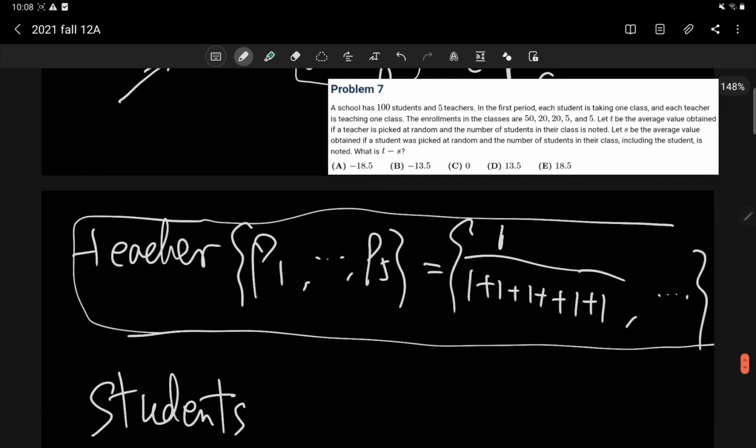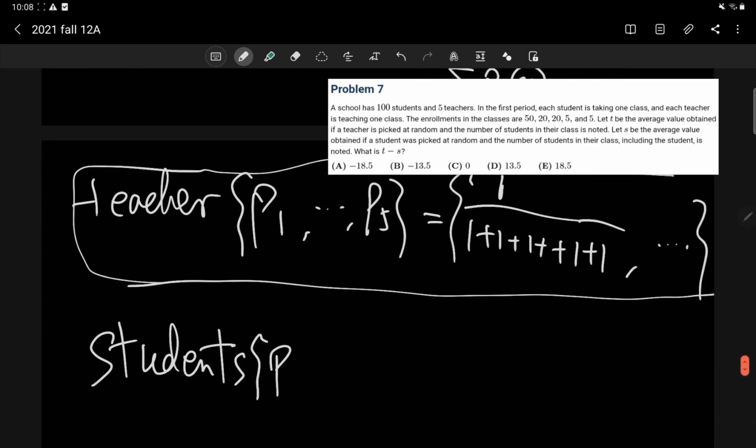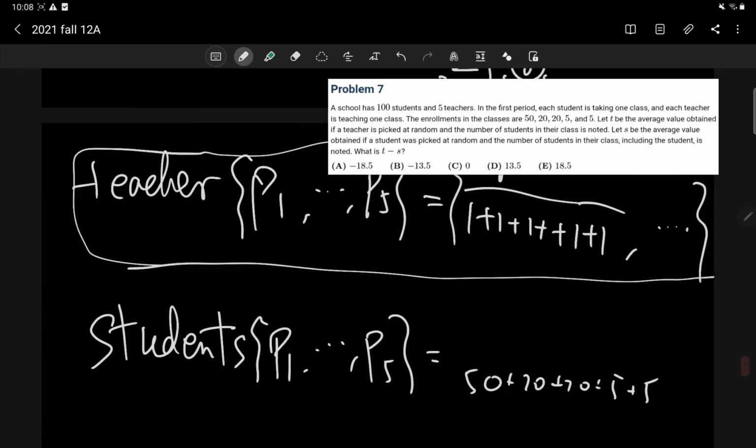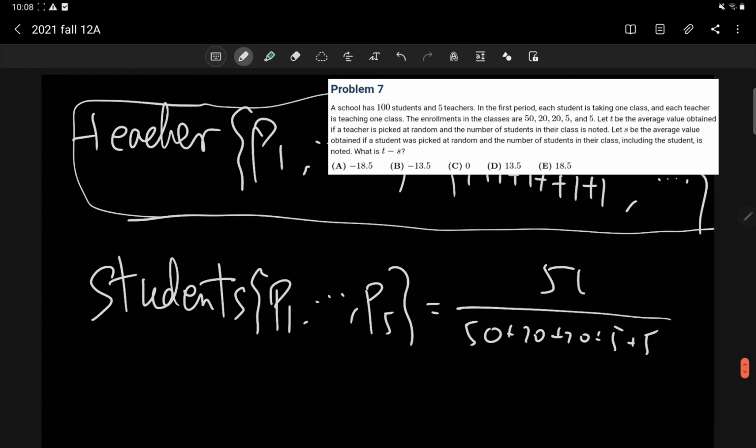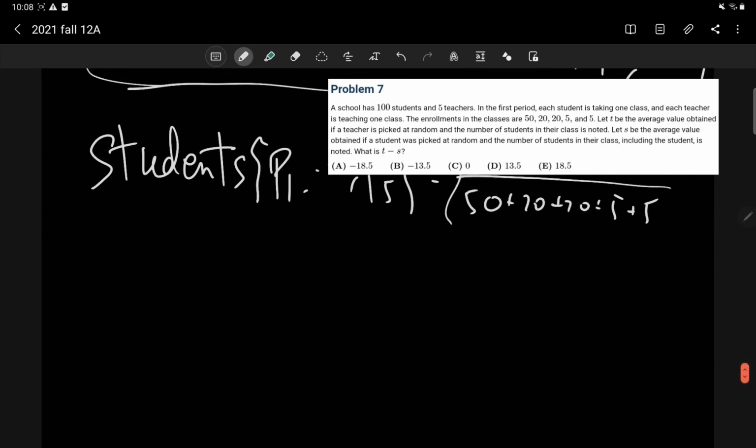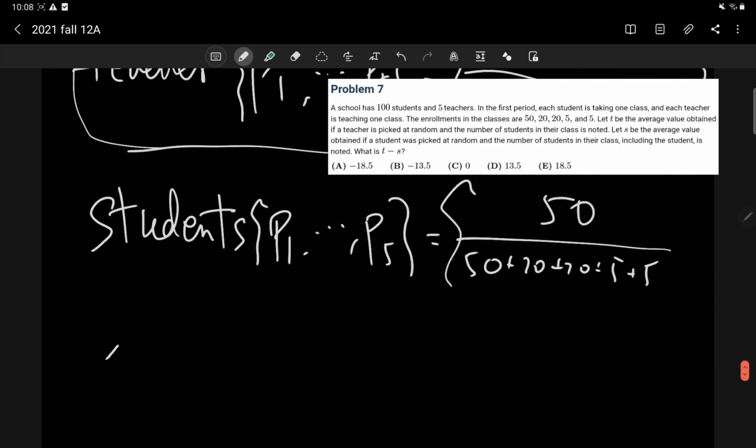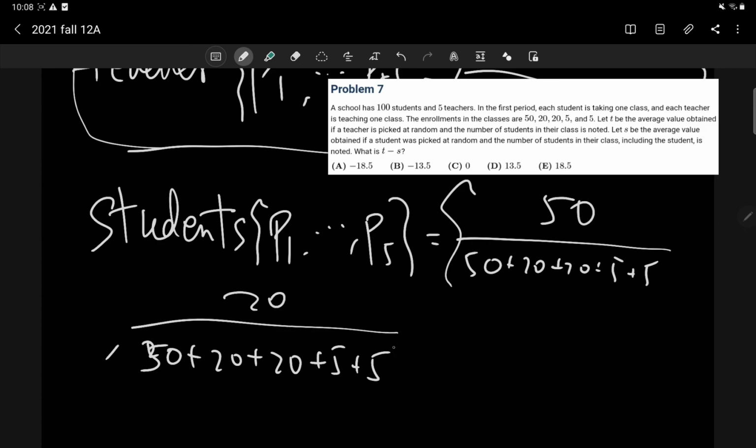So that is why the probability distribution in this case should not be 1, 1, 1, 1, it should be 50 over 50 plus 20 plus 20 plus 5 plus 5. And then the next one is 20 over 50 plus 20 plus 20 plus 5 plus 5, and so on.